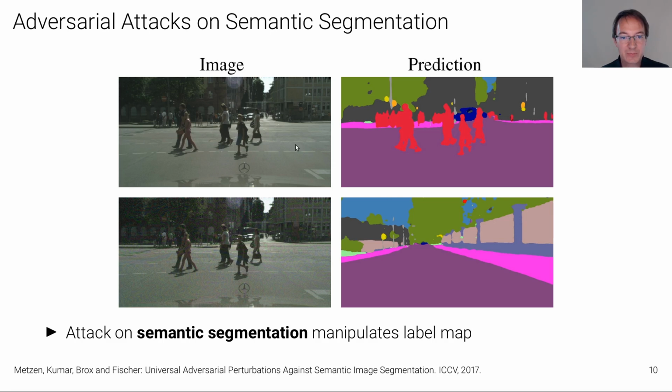Here's an input image, and this is the result of a state-of-the-art semantic segmentation algorithm. You can see that if you change the pixels in that image only slightly, you can produce an arbitrary label map, which of course has severe implications on safety in self-driving.